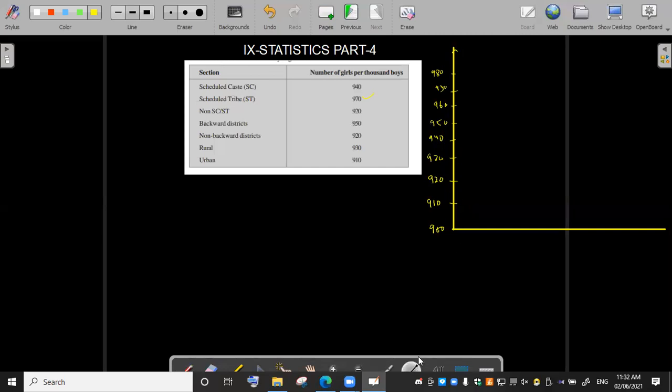So here you can easily draw 940. You can make the first bar graph up to 940.